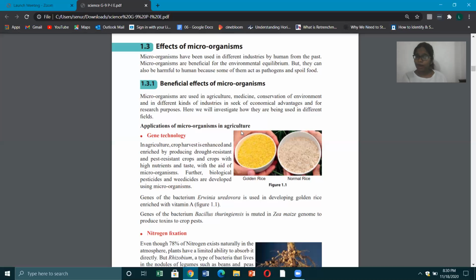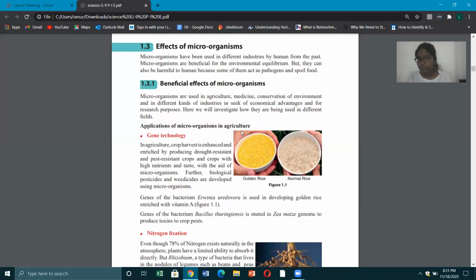Humans have been using microorganisms to do their daily industrial functions. It's not something which came out of the blue, yesterday or today. It was there from the past.